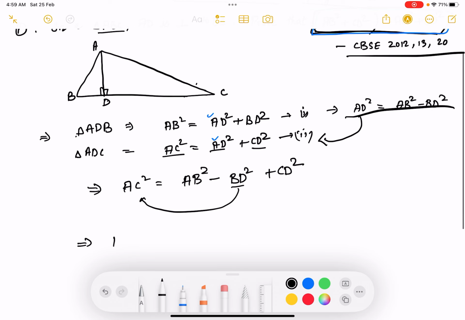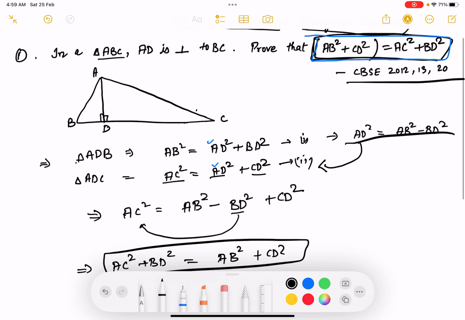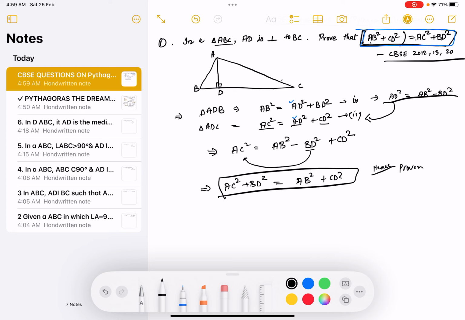So we have AC square plus BD square is equal to AB square plus CD square. Hence our final result is proved. Now let's take another example.